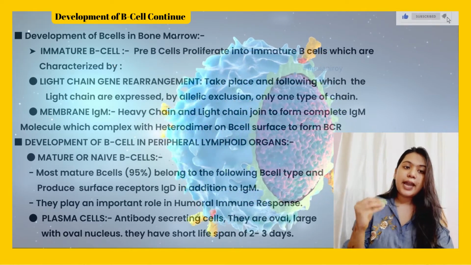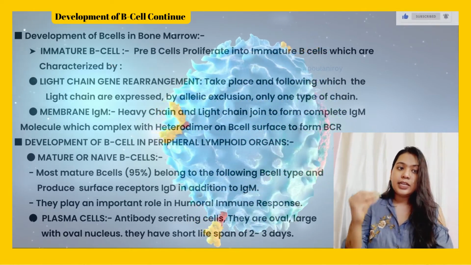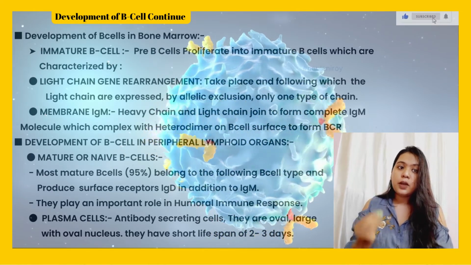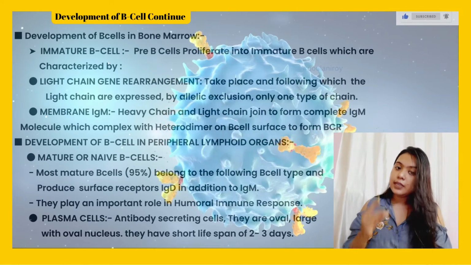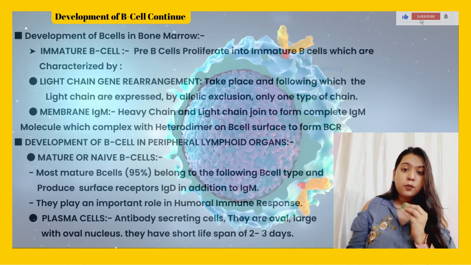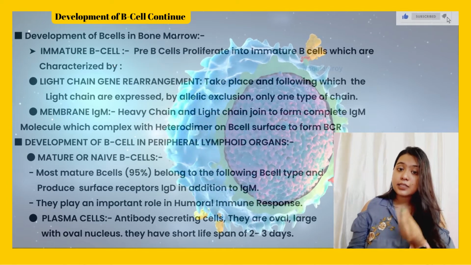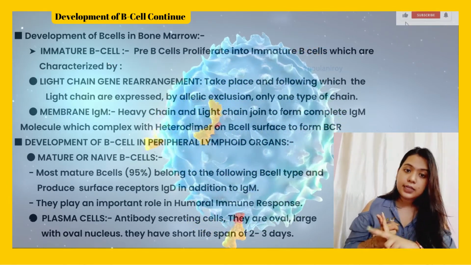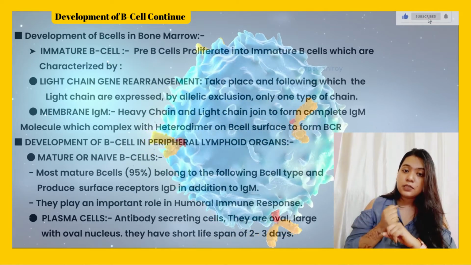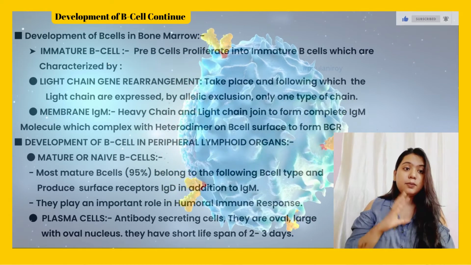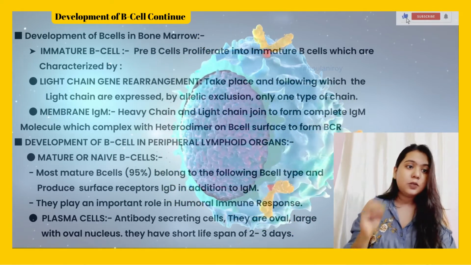It takes place, and following which the light chains are expressed by allelic exclusion. Only one type of chain. Now see, the BCR, okay, allelic exclusion का मतलब है they will choose one out of your two alleles, and they will express the one and the other one will get inhibited, okay. This is what you mean by allelic exclusion.